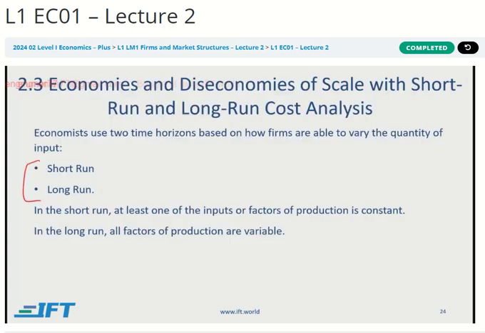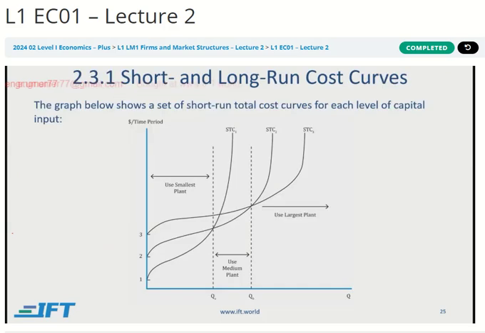So we initially spoke about the short run and long run, that in the short run the fixed cost is fixed, but your variable cost is not fixed. But in the long run, even your fixed cost is variable. So look at this short term total cost curves, that in the short run your cost is going up, it's going up, it's going up, but then when you come to this point you can expand your business.